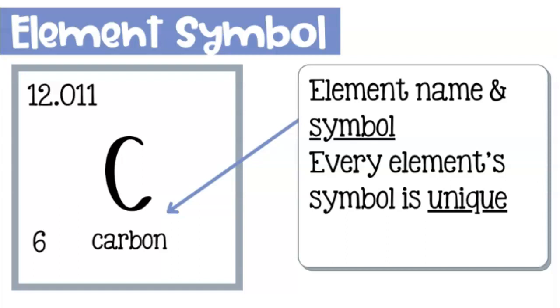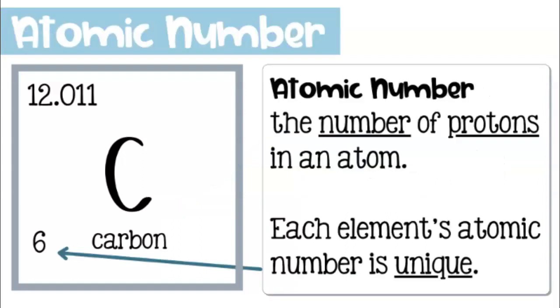So every element has a unique name, and each atomic symbol is unique. It is typically an uppercase letter, and sometimes there will be a lowercase letter afterwards. The atomic number is the number of protons in an atom. Each element's atomic number is unique, so the atomic number tells you what element you have.